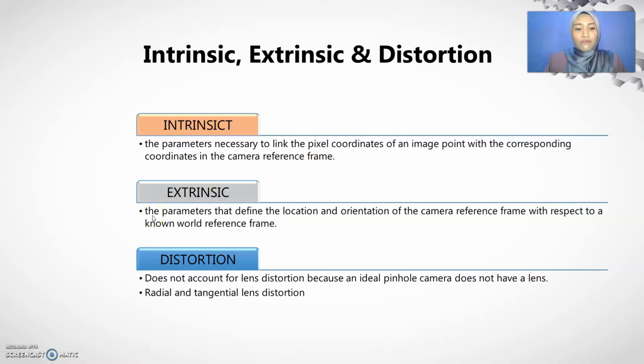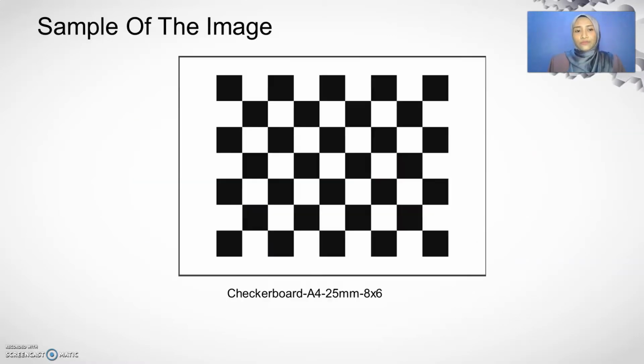Extrinsic is the parameters that define the location and orientation of the camera reference frame with respect to a known world reference frame. And what is distortion? Distortion is not accounted for in the ideal pinhole camera because it does not have a lens. In distortion, we have two types, which are radial and tangential lens distortion.